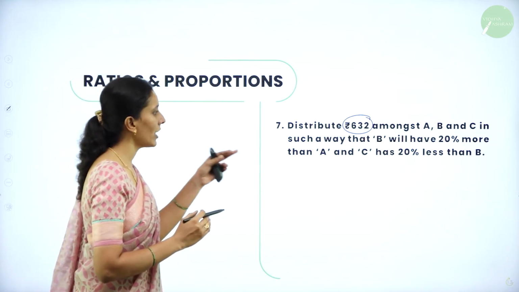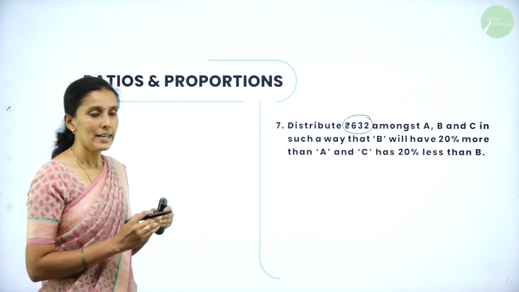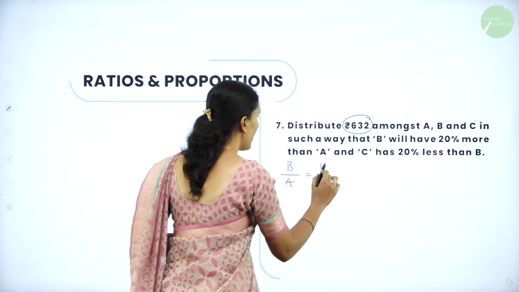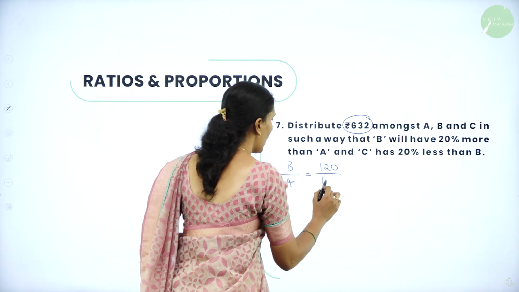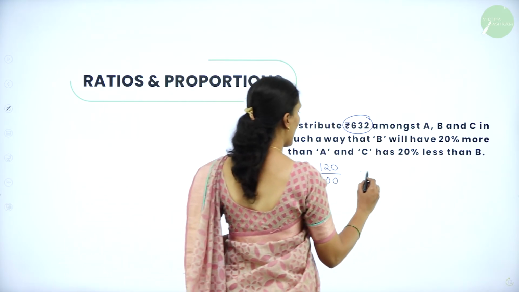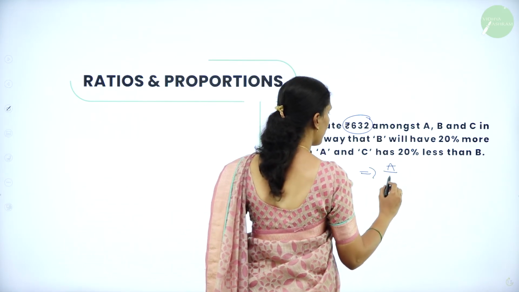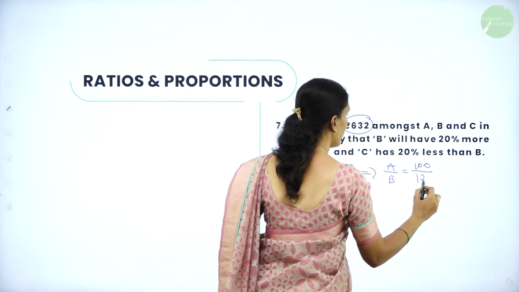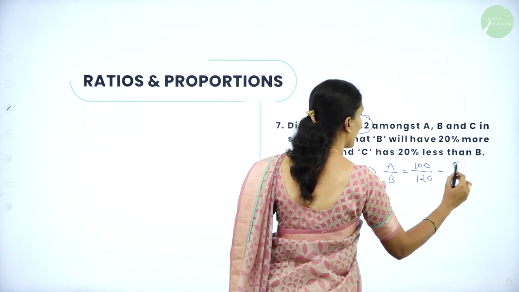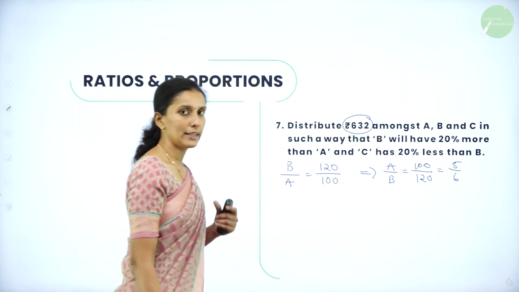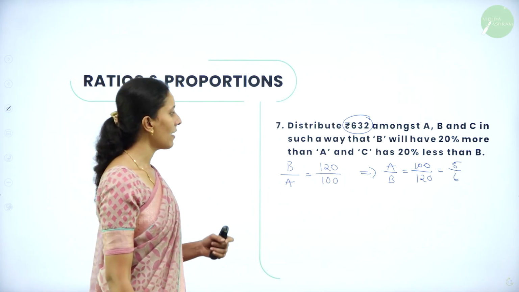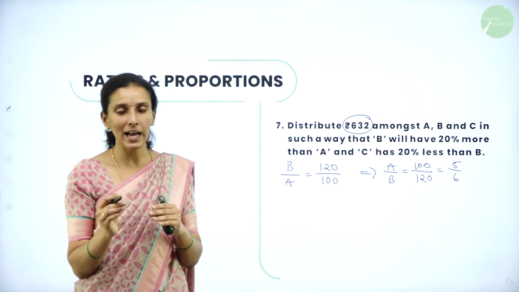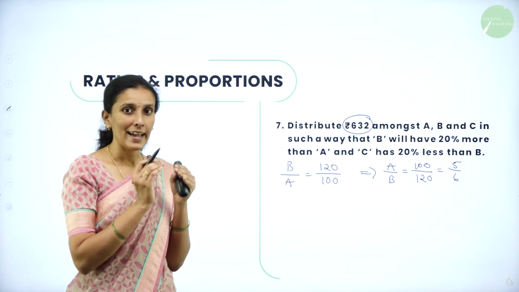So therefore, the ratio between B and A is B by A is equal to 120 divided by 100. So this implies A divided by B, that is 100 by 120, which is equal to 5 divided by 6 in simplified form. Next we have C, which is 20% less than B. Suppose B has 100 rupees, then C has 80 rupees.